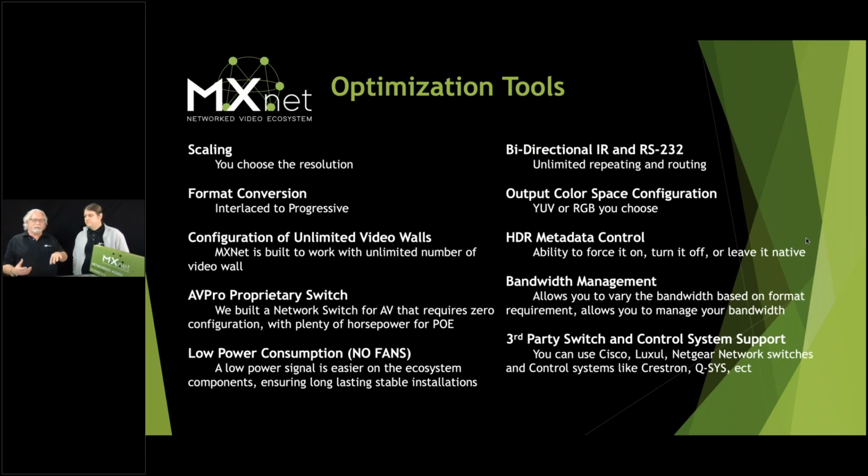I want to reduce how much bandwidth I'm using, but I still want to retain that HDR metadata. So I still get all those colors, and the pop and all that kind of stuff that HDR presents. So I can actually do that. I can set the scaling to 1080p, but then check a box that says retain the HDR metadata right there, right in Mentor. It's just that easy.